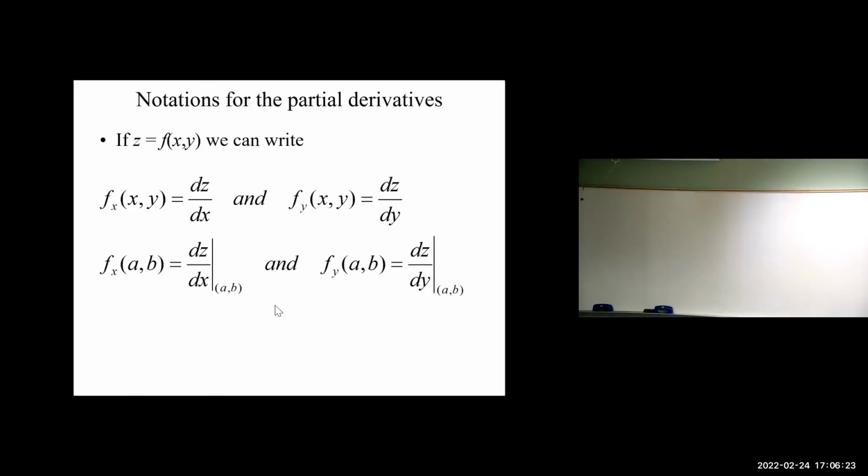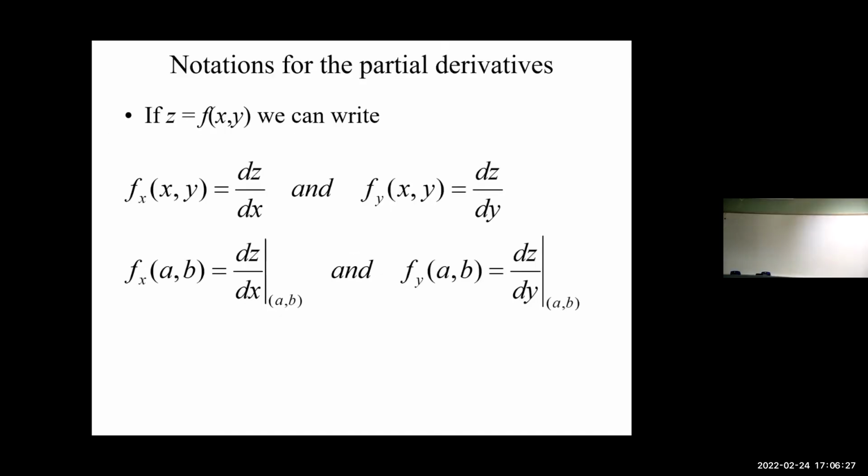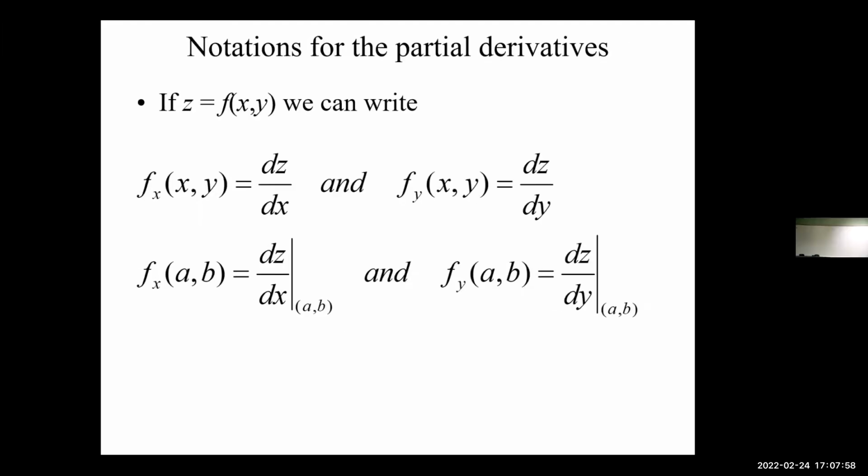We have a couple different notations, and we need to be familiar with both so we know what we're being asked. I typically like the f sub x notation. We're trying to find a tangent line or a tangent plane at a point, or an instantaneous rate at a point. We want to insert the point, and those are just the notations for it.